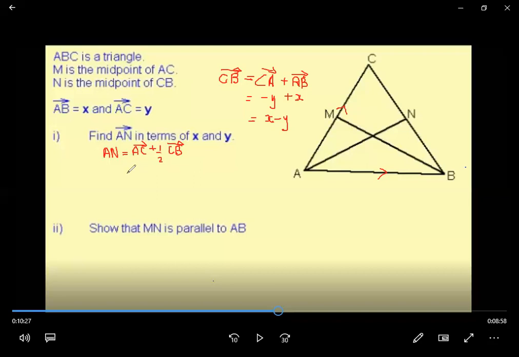So this is going to be equal to AC, which is Y, plus a half of X minus Y. Half of X minus Y. And this, work that down for me.